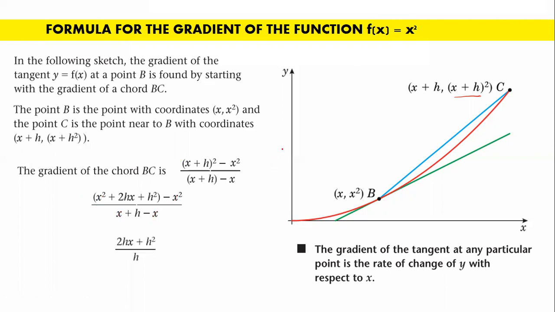Therefore, we get the expression 2hx plus h squared over h. We can simplify this further by taking out the h term from the numerator. That gives us h times (2x plus h) over h. So the final expression simplifies to 2x plus h.